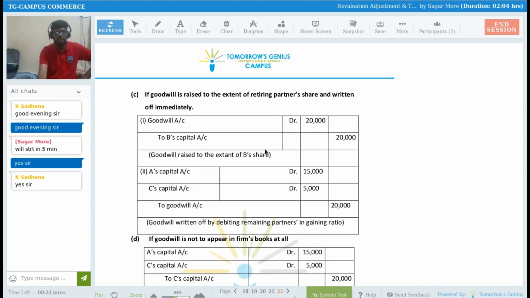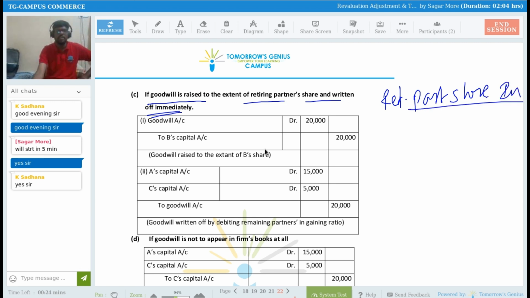Then, if the goodwill is raised to the extent of retiring partner's share and written off immediately, you have to calculate the retiring partner's share in goodwill only, and then pass the journal entry. Whenever you raise goodwill, you debit goodwill account and credit the retiring partner's share.